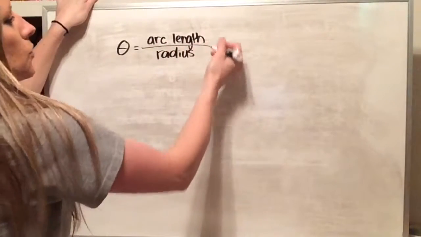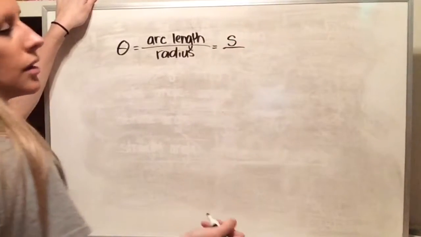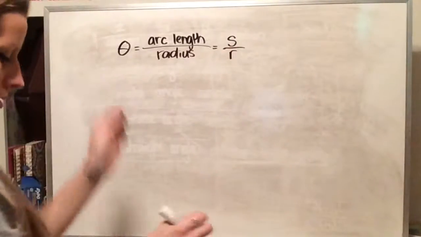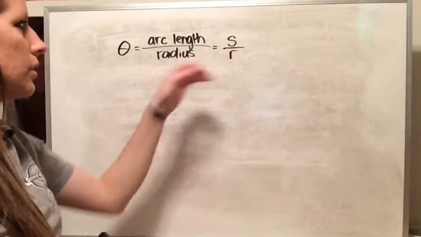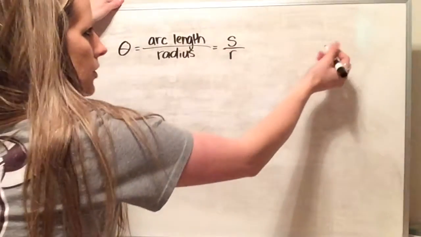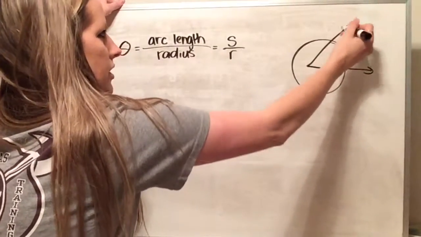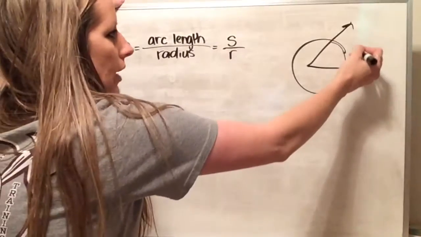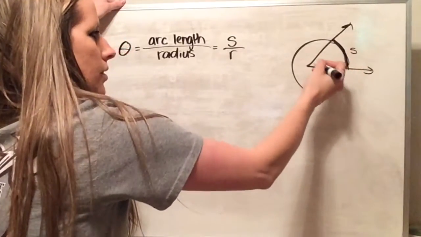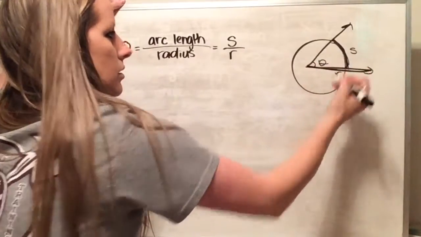Your arc length, we give it the letter S, usually, the variable S, and radius is the variable R. So your angle is S over R. And if you're looking at a circle and you have this angle here, you have it on your notes. The arc length is right here. And then you have your angle and your radius is here.